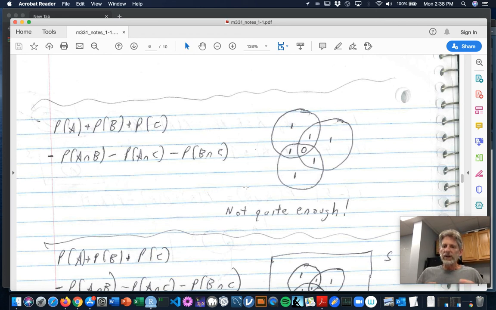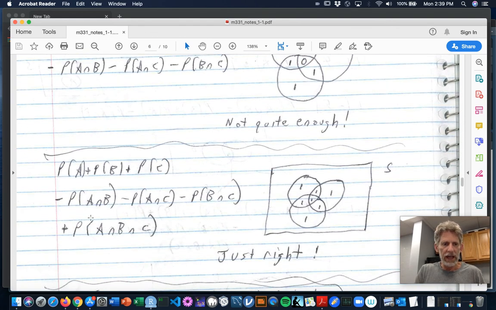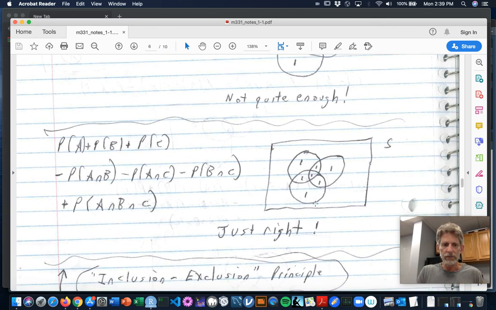But the problem is when we did each of those 3 takeaways, we were taking away the A intersect B intersect C. So originally it was in there 3 times, but now it's in there 0 times. So we're not quite there yet. We need everything in there 1 time. So we just make up for that. We add in the A intersect B intersect C, and then everything's in there once, and it's just right.